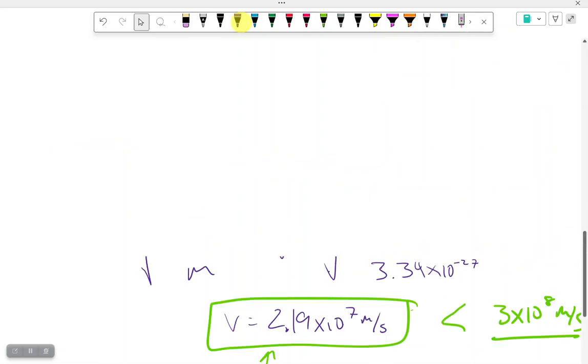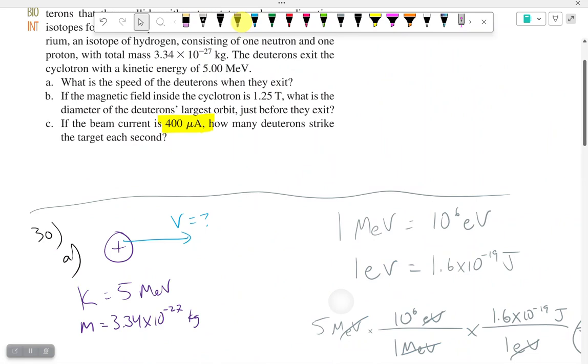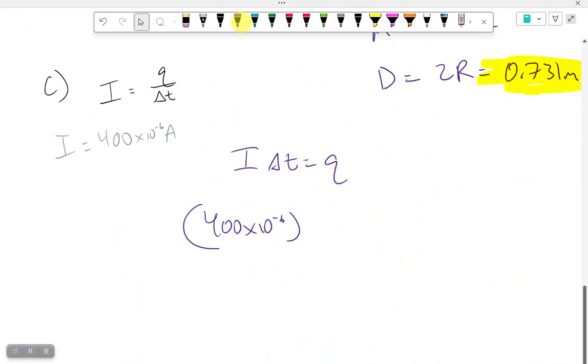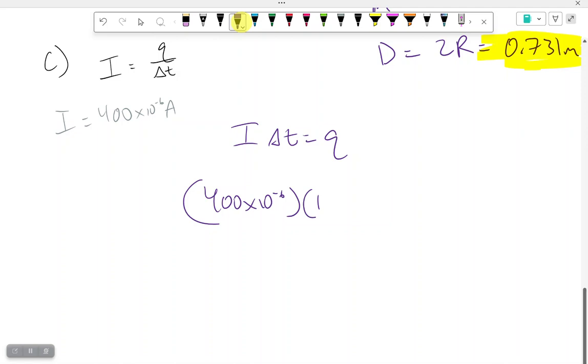And they told me each second. So okay, that'd be 1 second then. Sorry. Pausing there, I was like, wait a minute, I don't got a time. So it's just going to be 400 times 10 to the negative 6. But that's coulombs of charge, right?